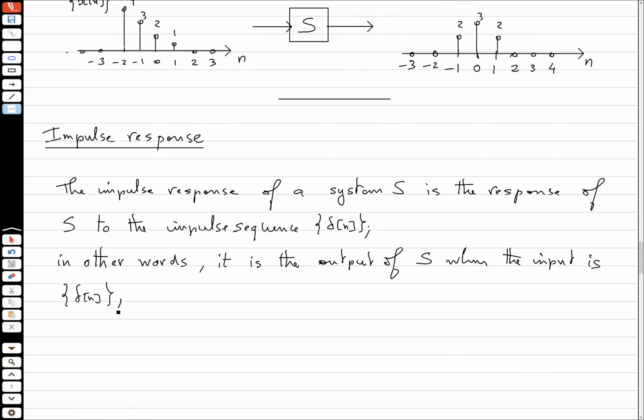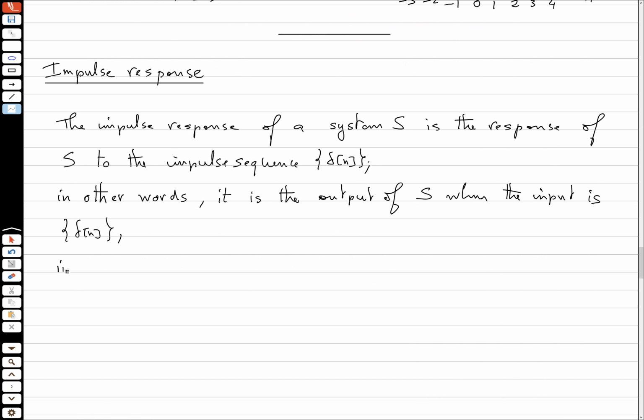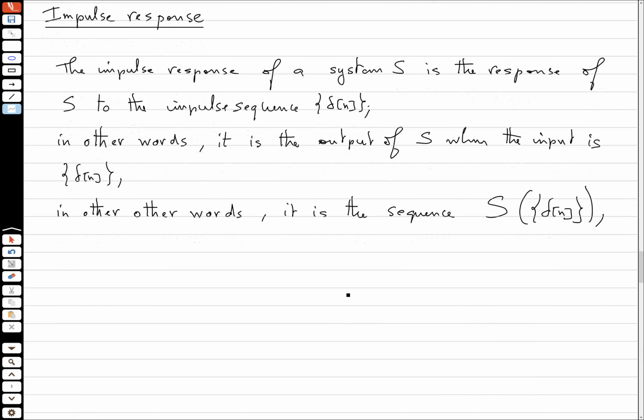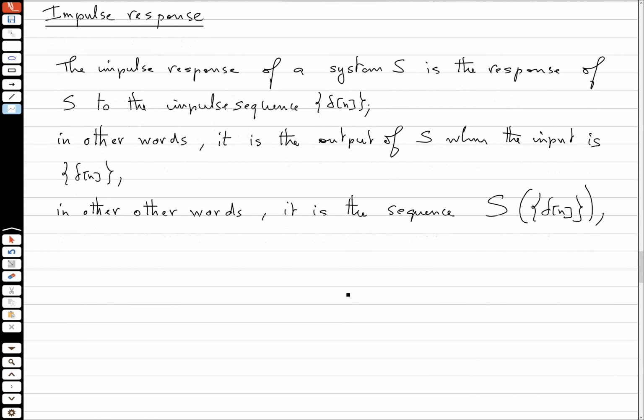If not, in other words, it is the sequence which is the transformation of delta of n by S. Do you understand this?